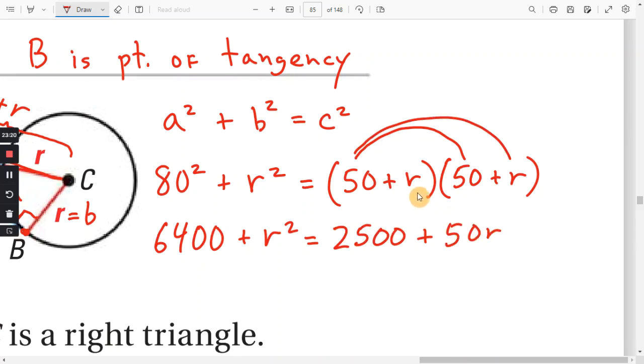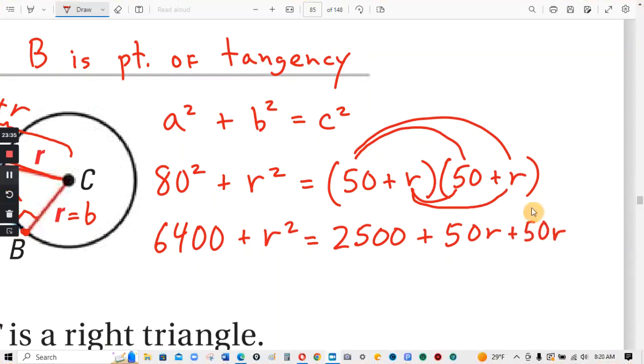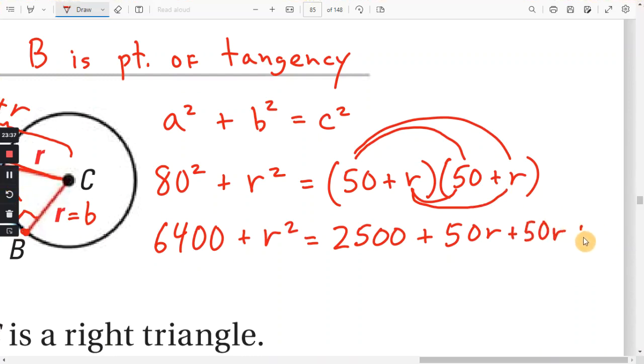Distributing the other term, R times 50 is 50R. Finally, R times R is going to be R squared. Okay, the last term here is plus R squared.